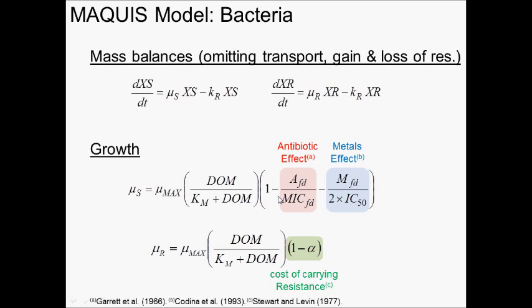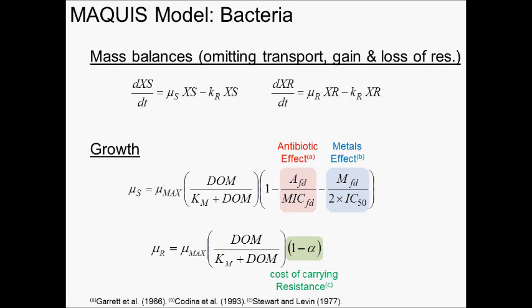So the toxicity of the antibiotic is quantified using the MIC, which is the minimum inhibitory concentration. When the concentration is at the MIC, the bacteria are not growing.